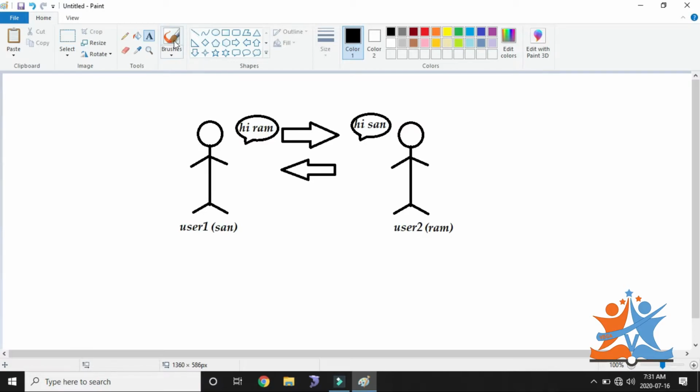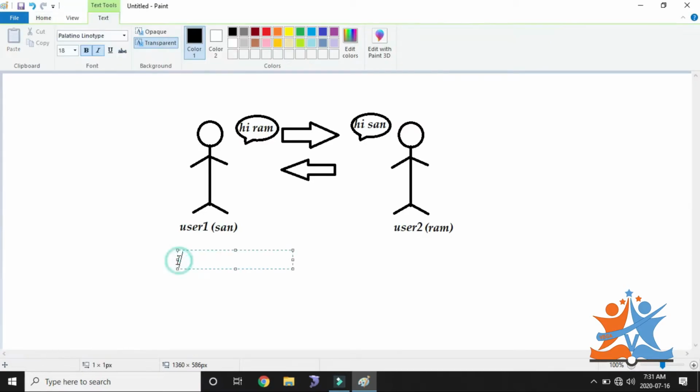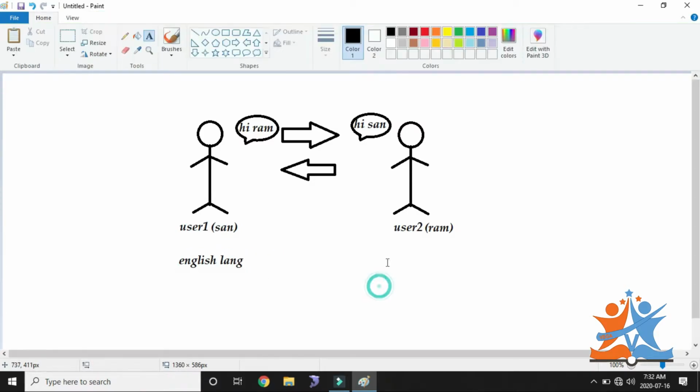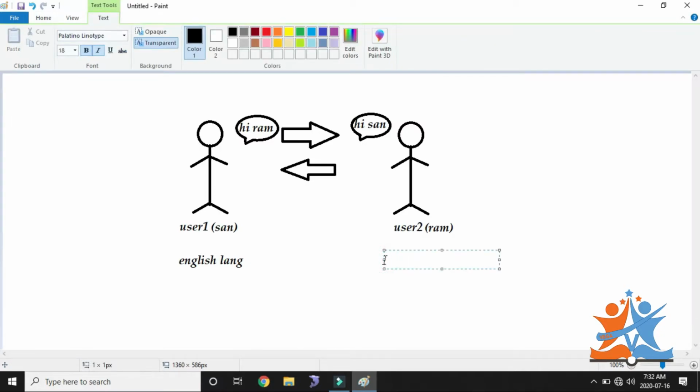How is it possible? It means San has knowledge of the English language, and in the same way Ramu also has knowledge of English. Only then, with both people having the same language knowledge, the communication goes smoothly.